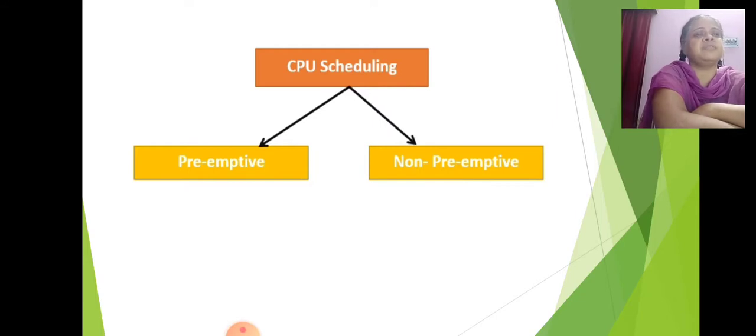The function involves the following: switching context, switching to user mode, and jumping to the proper location in the user program to restart that program. The dispatcher should be as fast as possible since it is invoked during every process switch. The time it takes for the dispatcher to stop one process and start another process is known as dispatch latency.